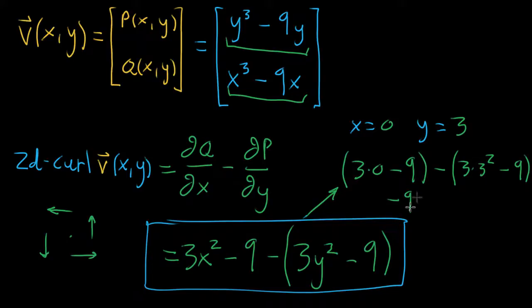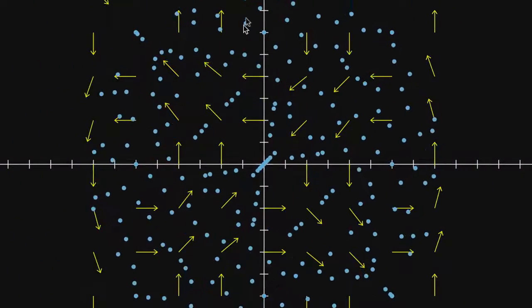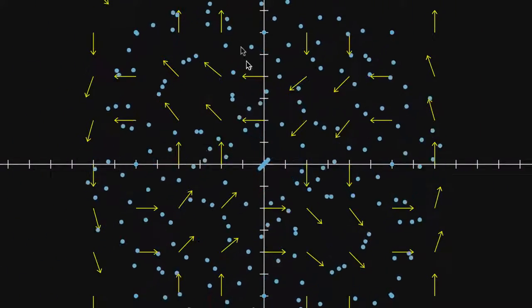So that becomes negative 9. And over here, we're subtracting off 27 minus 9, which is 18. So we're subtracting off 18. So the whole thing equals negative 27. So maybe I should say equals that. That equals negative 27. So because this is negative, that's what corresponds to the clockwise rotation that we have going on in that region.